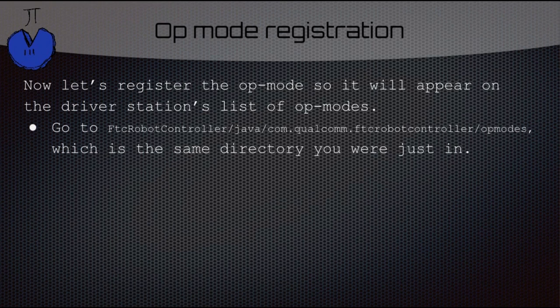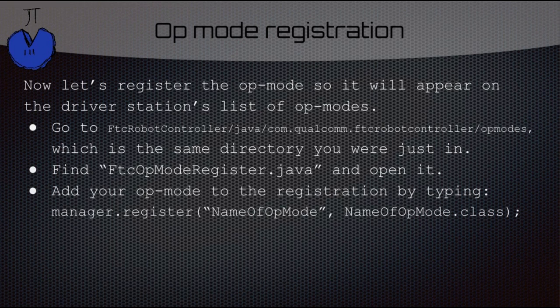In a second, we're going to go to the same directory we were just in, and we're going to find the FTC OpMode Register.java class and open it. And we're going to add a line of code to this existing class that will register your OpMode, so it will show up on the list of OpModes.